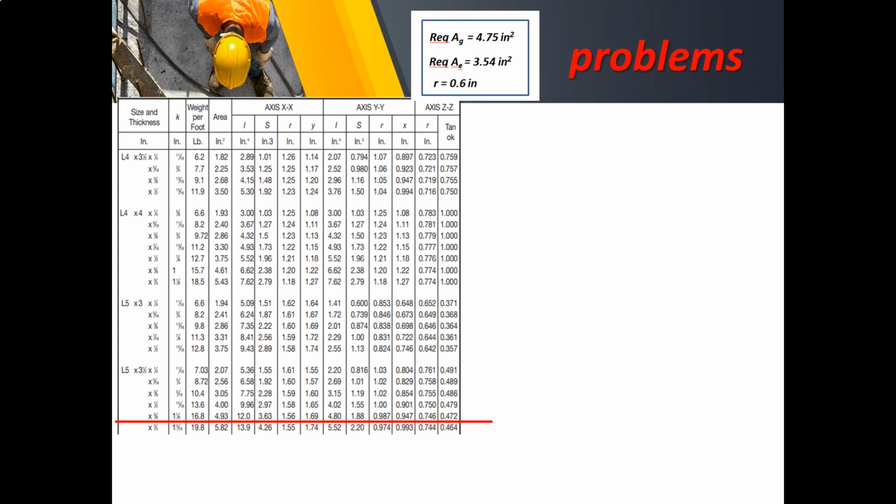This has an area of 4.93, slightly greater than 4.75 square inches. The radius of gyration is checked here and must be compared to the minimum radius of gyration of 0.6. Again, we have no problem on that because 0.746 is much greater than 0.6.